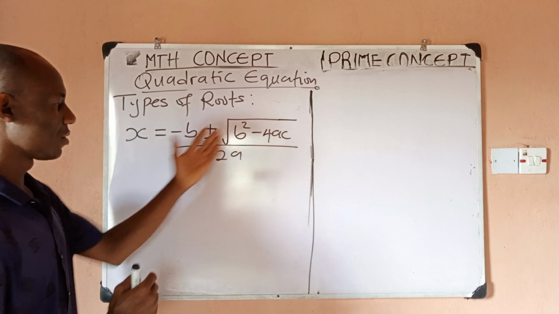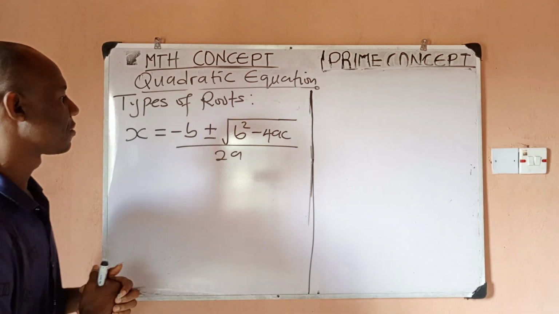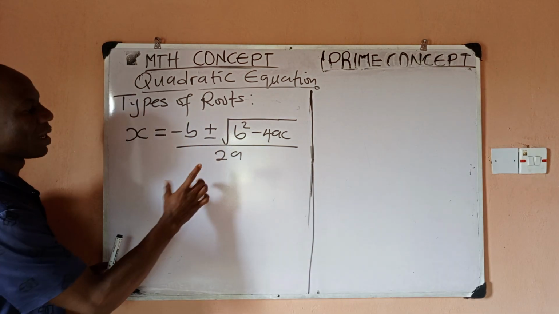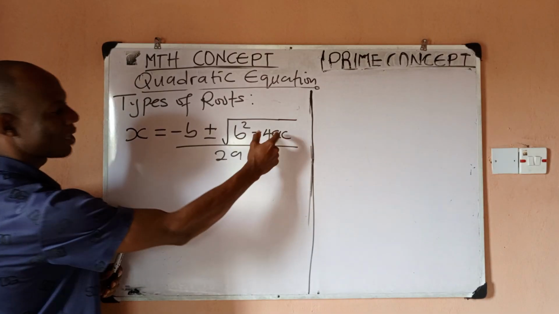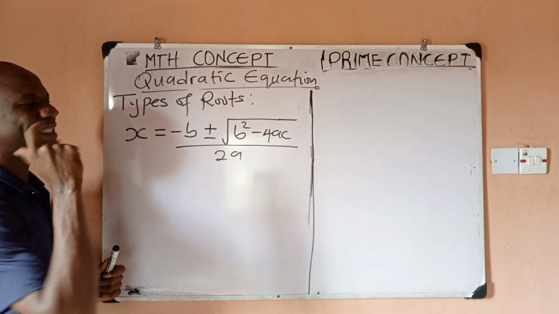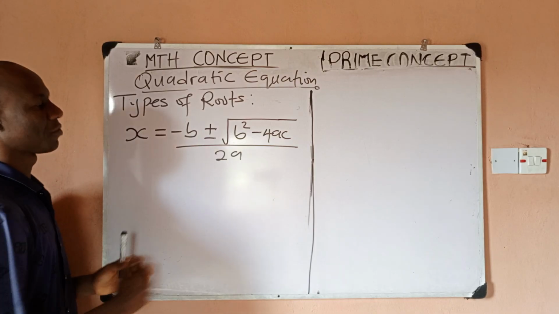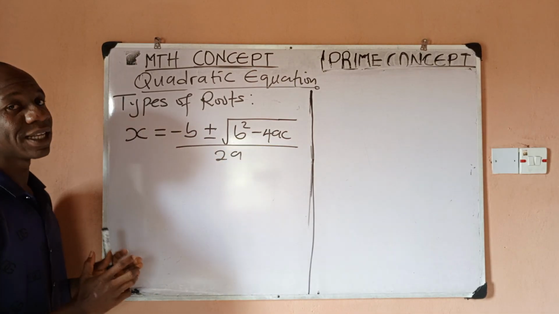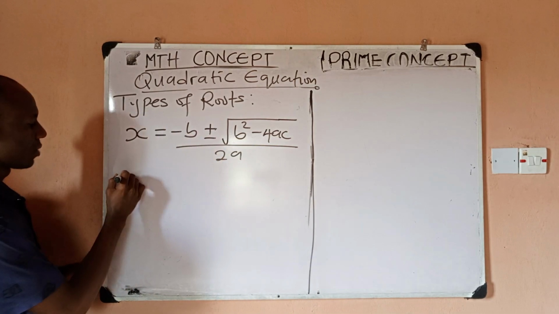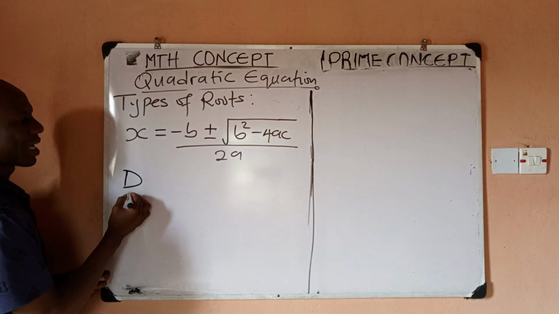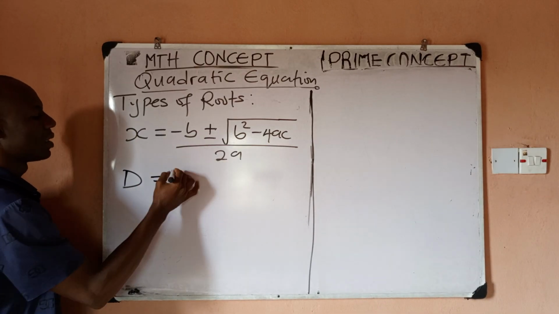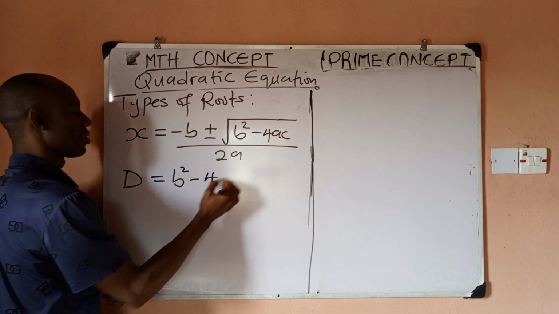And this can be gotten from the knowledge of the quadratic formula. From this formula, what we have in our square root is the factor that determines the type of root every quadratic equation would have, and we're going to isolate that and use it. I will call it capital D, which is going to be b squared minus 4ac.